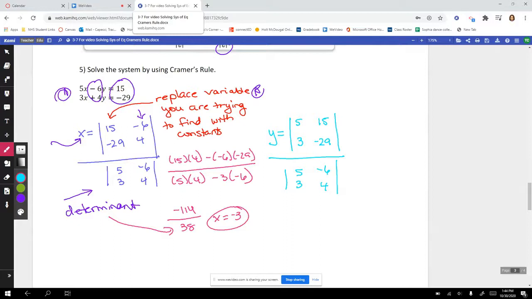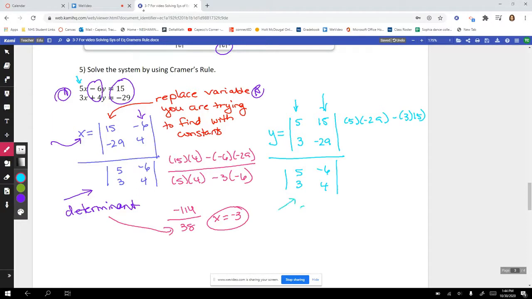Now we're going to do the same thing with y. So again, my x coefficients I'm going to use there. So I have 5 and 3 in that first column. I've replaced my y coefficients with my constants. Okay, so I'm going to do the same thing. So I have 5 times -29 minus 3 times 15.